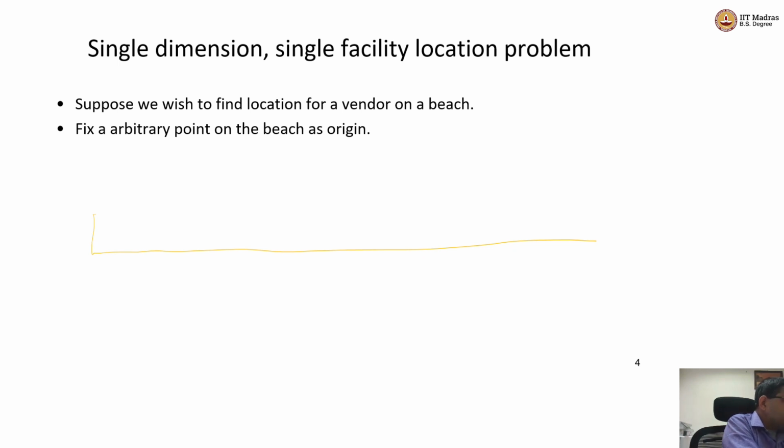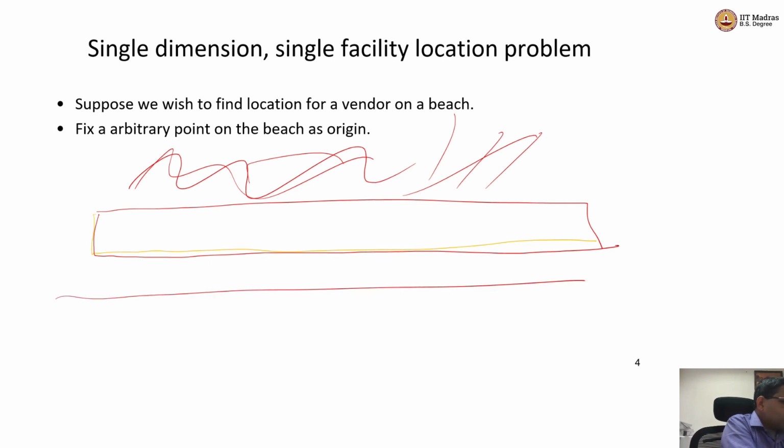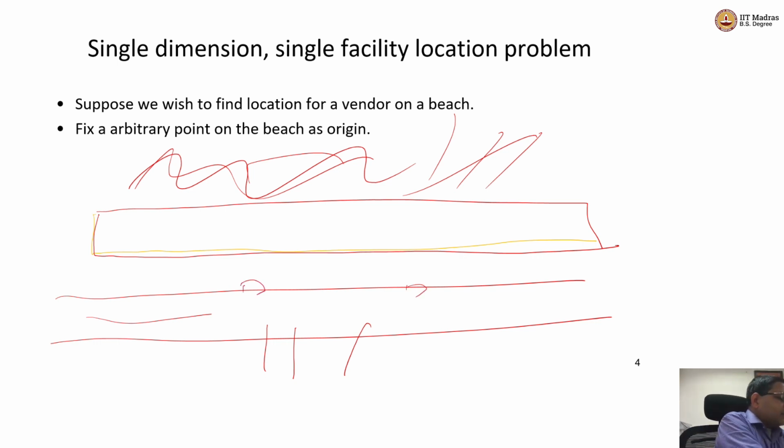So let us say this is the beach, right? Obviously, this is where the sea is, and these are the roads, right? These are all the roads, and these are bus stops and all that, right? And this is the sand. This is my beach.